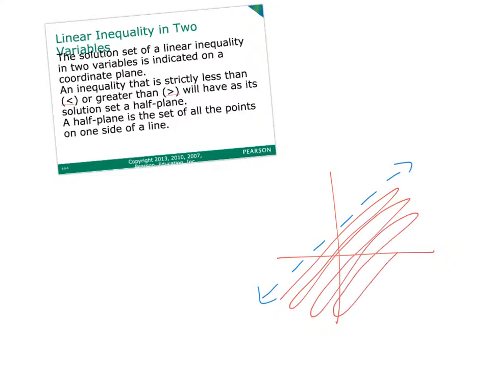Any point that lands in the shaded region is going to be considered a solution. So for example, this is a solution, that's a solution, that's a solution. But if you're not in the shaded region, that is not a solution. Also, if you land on a dashed line, not a solution.